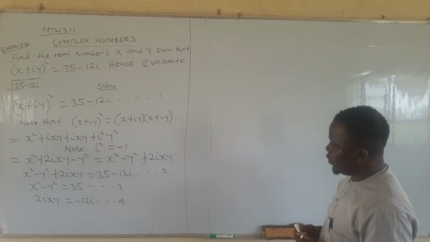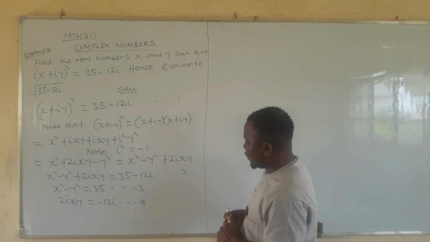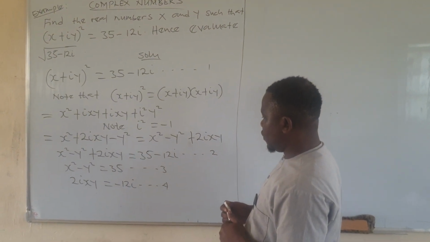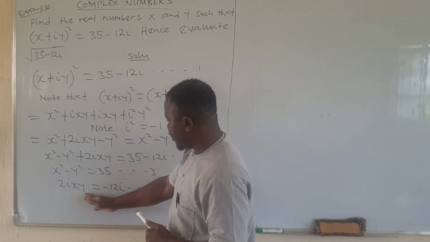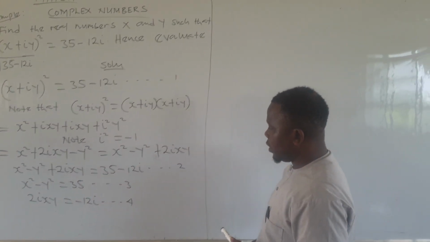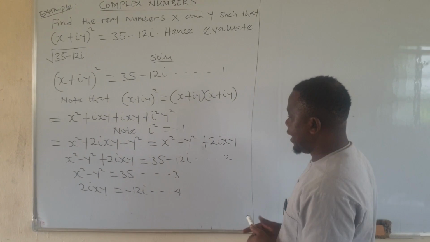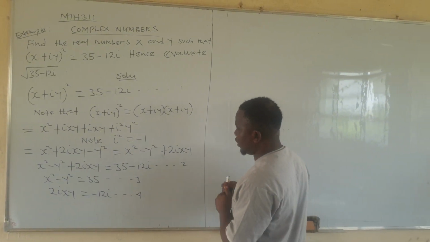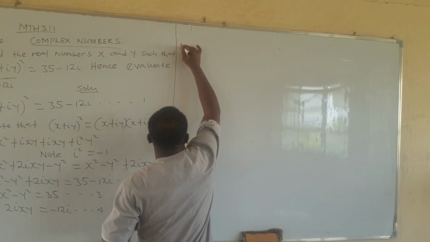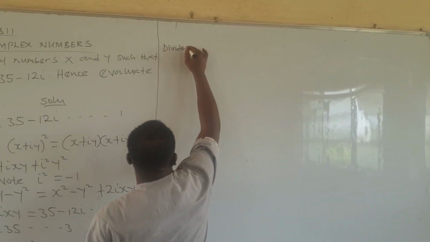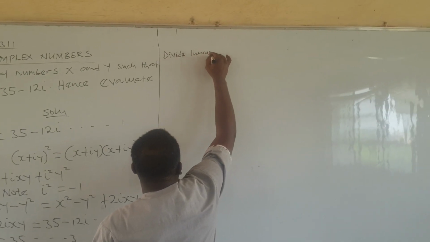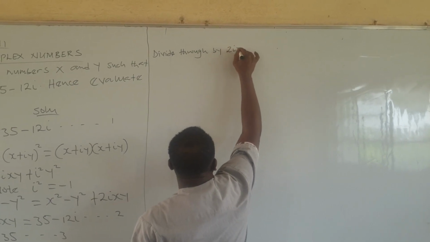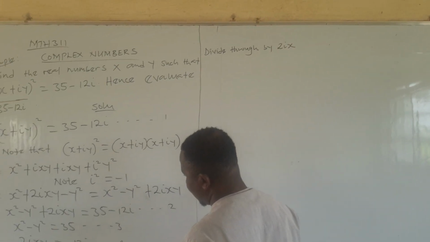Okay, so if you agree with me, let's look at equation 4. If we want to obtain y, it means we divide through by 2ix. So we write divide by 2ix in equation 4.